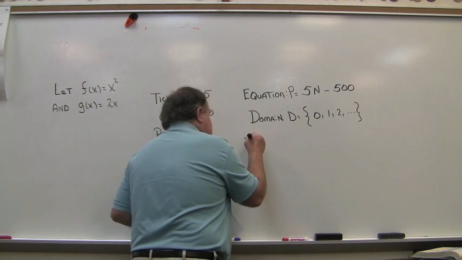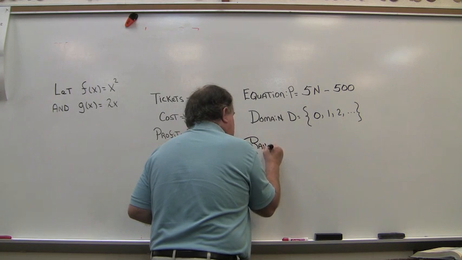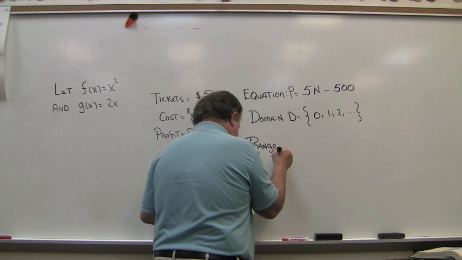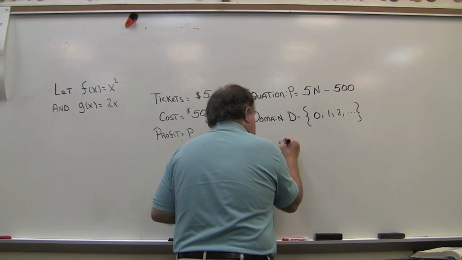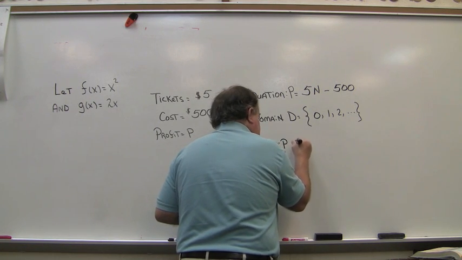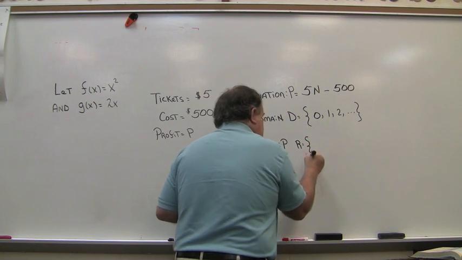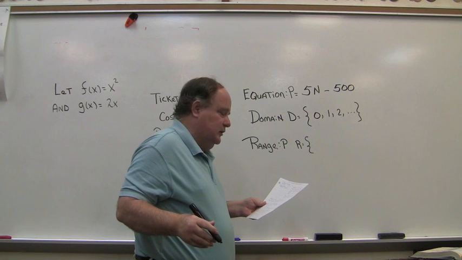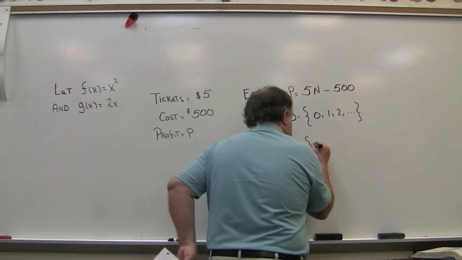Now my range in this problem, that's usually your y value, is the set of possible profits. And our range, if we sell no tickets at all, our profit is going to be negative 500.